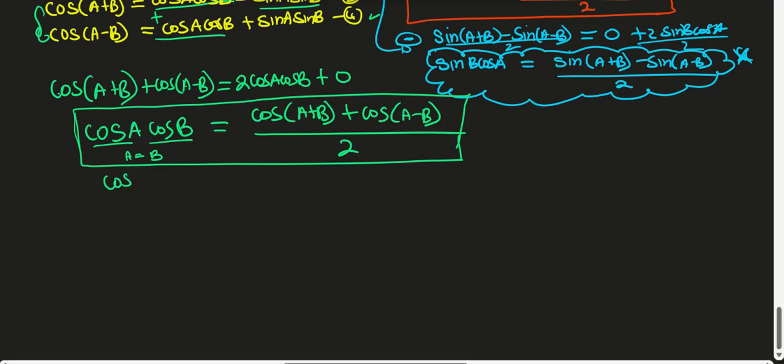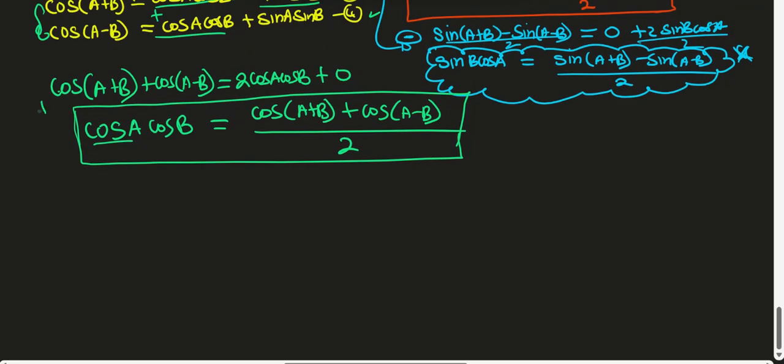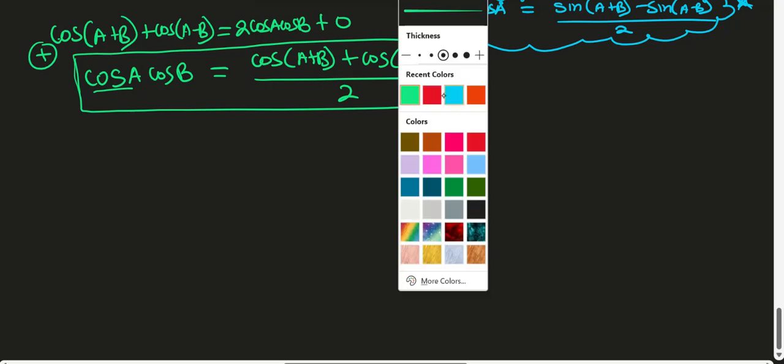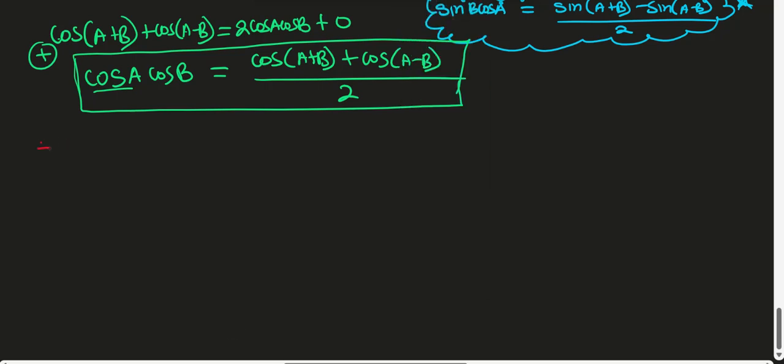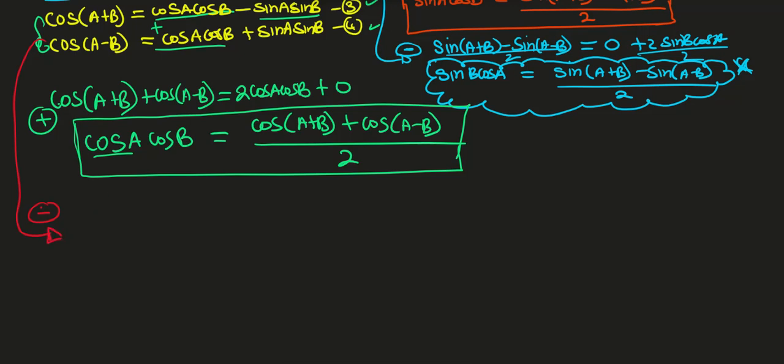Okay, so this is what we get from adding. What do we get if we subtract? Okay, if we subtract these guys, what do we get? So as always, on the left side we'll have cos(A plus B) minus cos(A minus B).